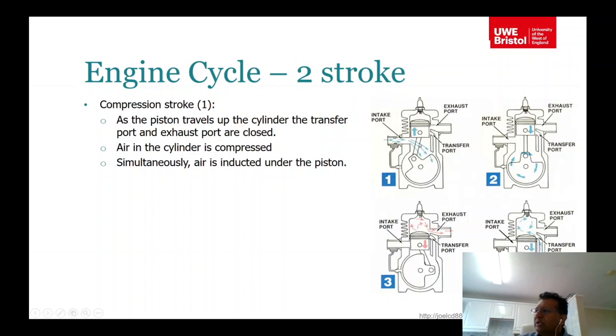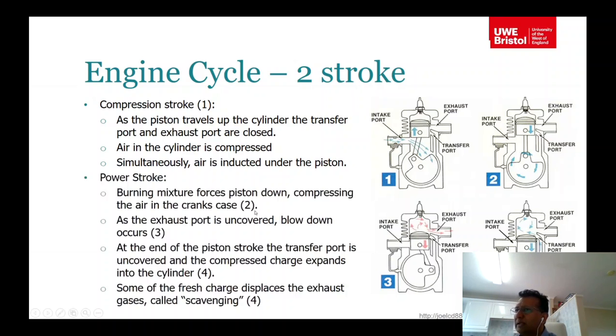So you don't normally have an oil sump here. Air is coming through the port and it will be compressed by the piston itself, and then it is transferred onto the cylinder area through the port.